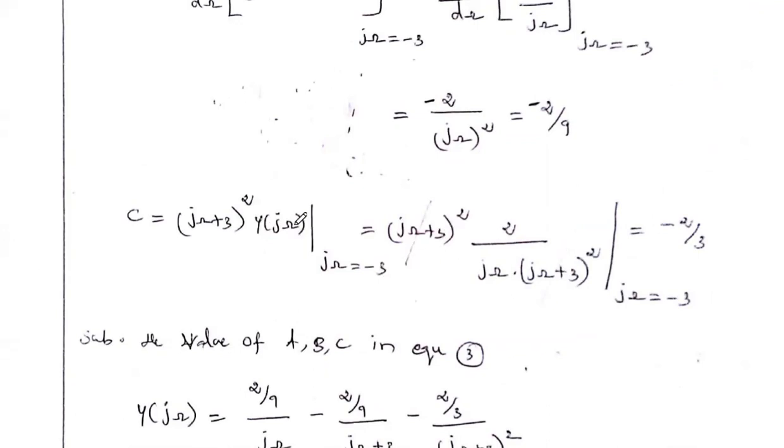Substituting the Y of j omega value, the (j omega plus 3) whole squared terms cancel. In the remaining term we put j omega equal to minus 3, so we get the answer minus 2 divided by 3. So C is calculated.